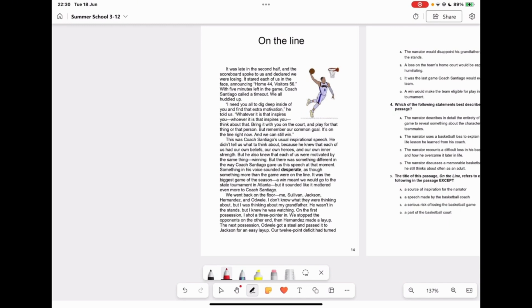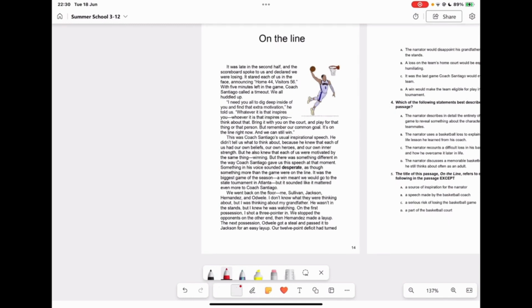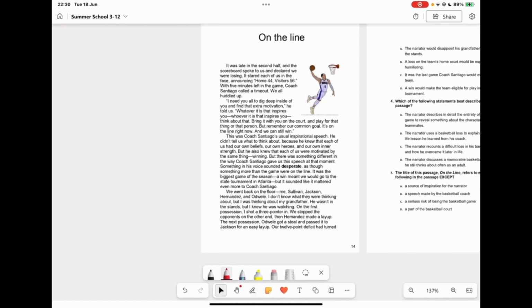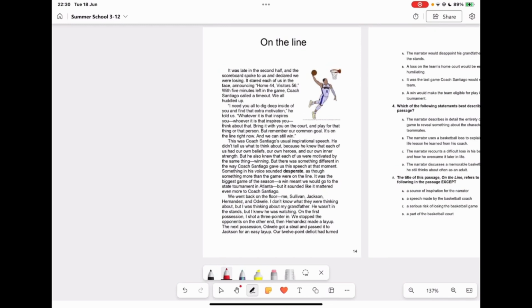This was Coach Santiago's usual inspirational speech. He didn't tell us what to think about, because he knew that each of us had our own beliefs, our own heroes, and our own inner strength. But he also knew that each of us were motivated by the same thing, winning. But there was something different in the way Coach Santiago gave us this speech at that moment.